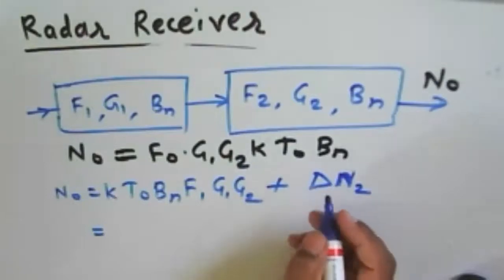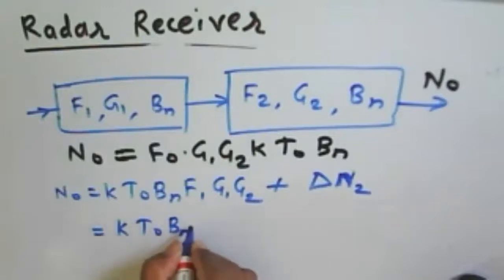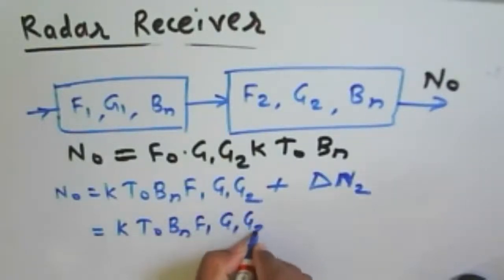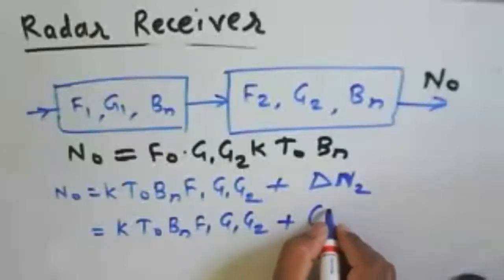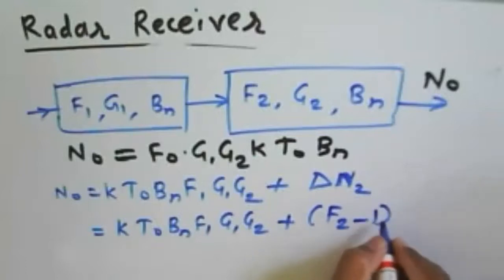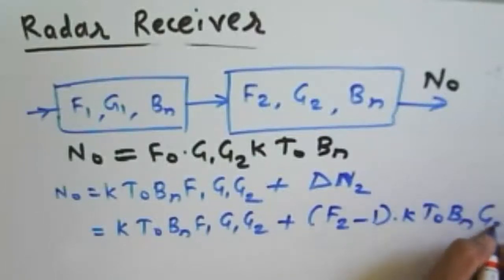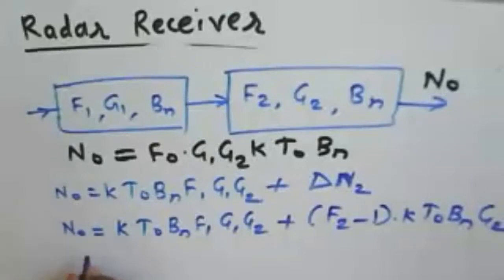So we can write k T0 Bn F1 G1 G2 plus F2 minus 1 into k T0 Bn G2, and this is N0.